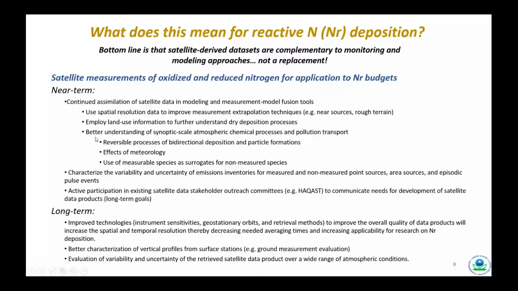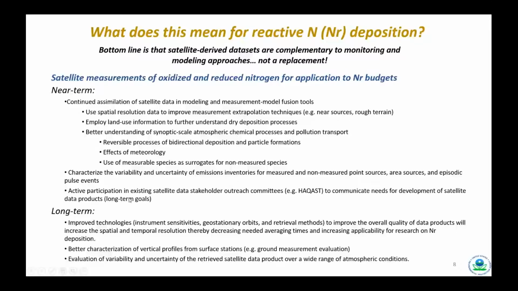So there's a lot of information like that that can be used in conjunction with the trace gas sensing to understand processes a little bit better. Another big use is the emission inventories. There's a lot of uncertainty in the emission inventories, both for point sources and area sources, and satellites can be used to quantify that.